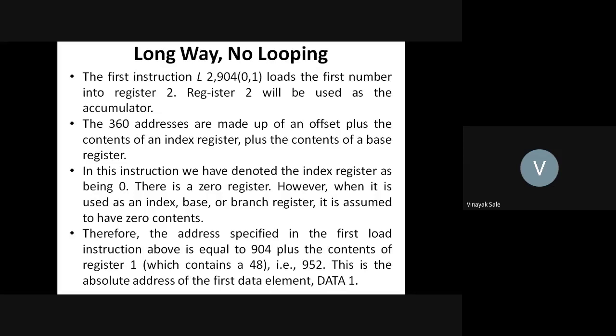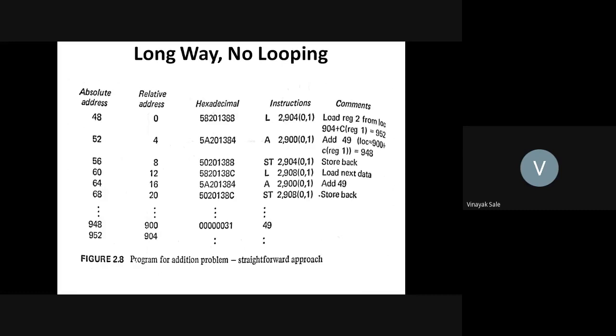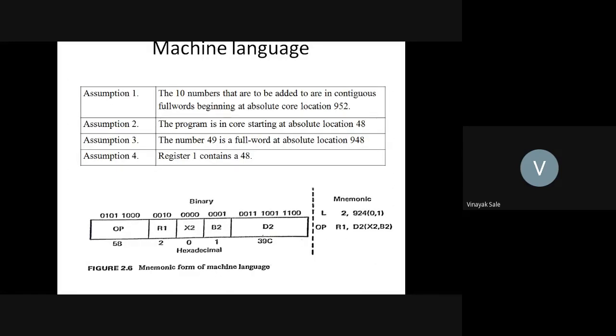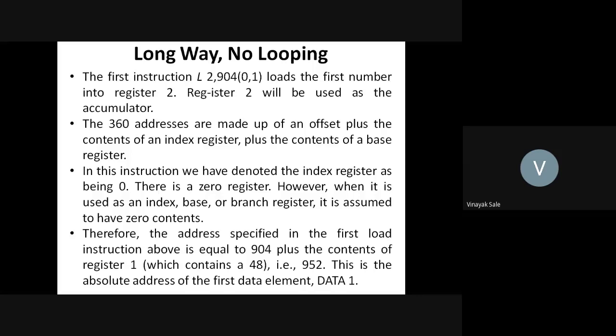Whenever we use a loop, the program becomes short. So see here in this figure once again. The first instruction is L for load, then 2, then 904, then 01.